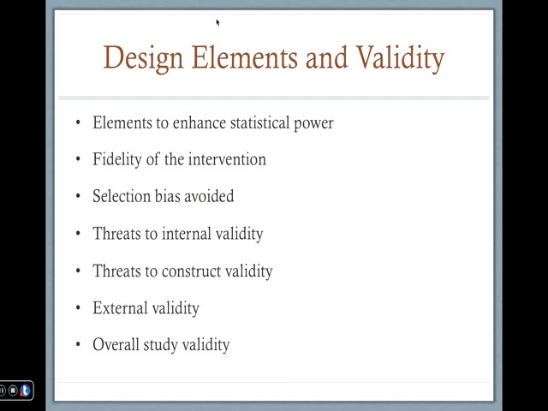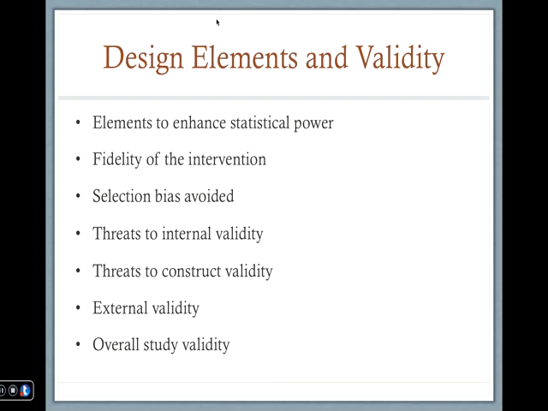We have talked about this before and will continue to talk about this. You want to avoid selection bias at all costs. These are threats to internal validity. We're also going to be talking about threats to construct validity and external validity in future lectures. Overall, you want to enhance all the elements of the validity of your study.